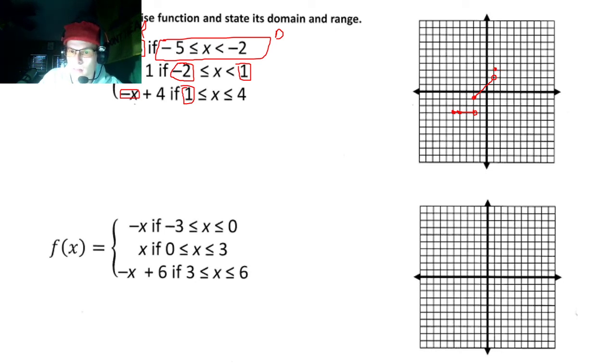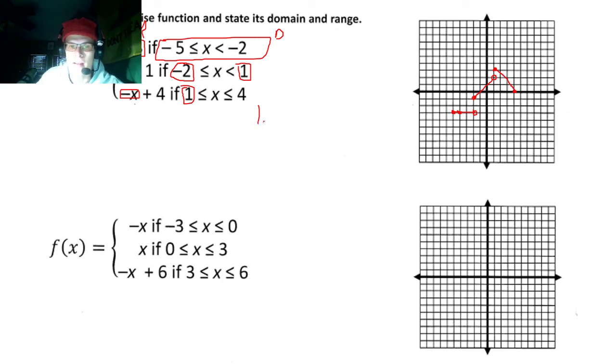Okay? Alright. And then 4. So -4 plus 4 gives me 0. So x equals 4, y equals 0. Oops. Yeah, that's right. And then it just comes down to, once again, connecting the dots.